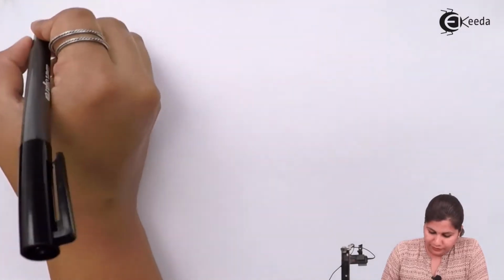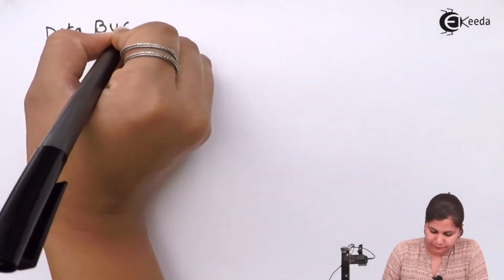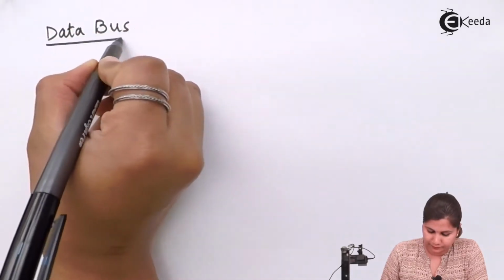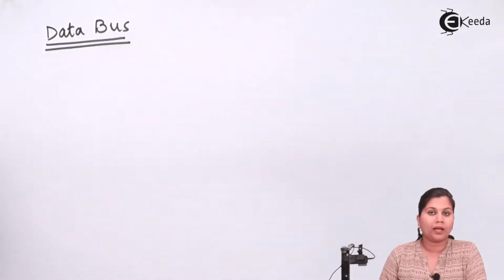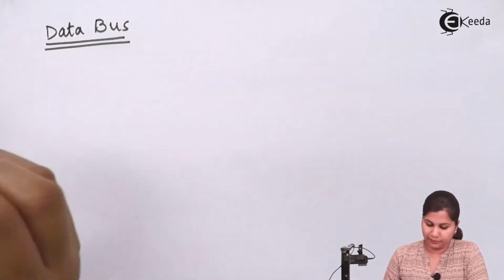First we will start with the data bus. Now as the name says, the data bus carries the data. So the data is going to enter the ARM core through the data bus.